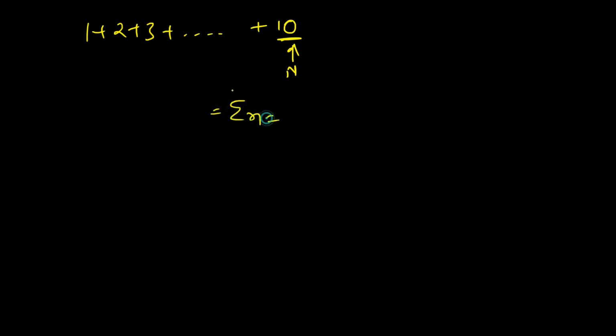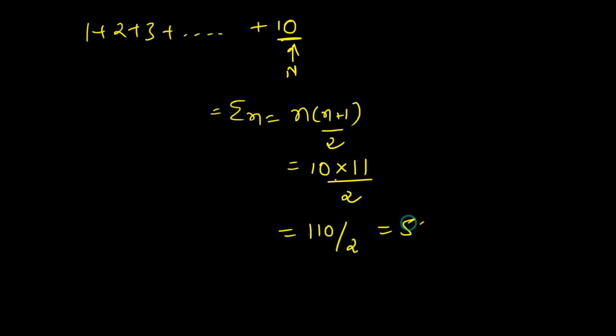Sigma n is equal to n into n plus 1 divided by 2. In this case 10 is the last term, 10 into 11 divided by 2, 110 divided by 2, which is equal to 55. Okay, in mathematics it is very easy to find the addition, but in computer we have to design this logic so that we can easily get the same value, right?